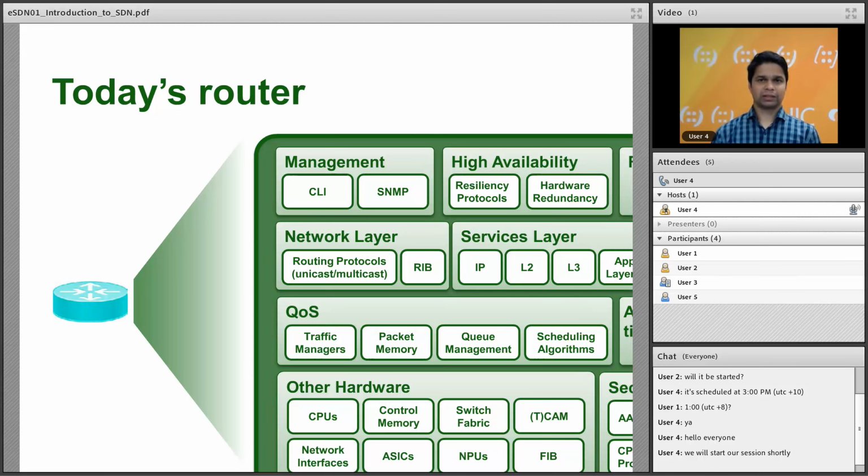So the end result is that today's router is an extremely complex and costly device. There are a lot of small components which do a lot of things, and it creates a lot of complexity in the way routers work today.